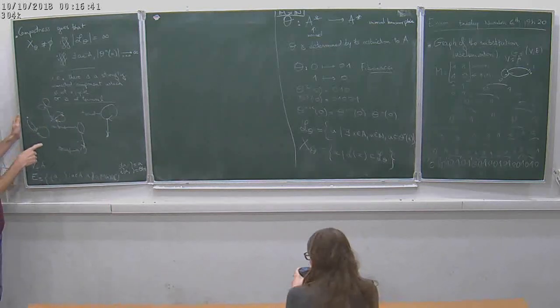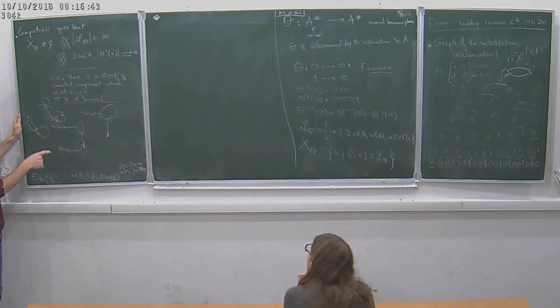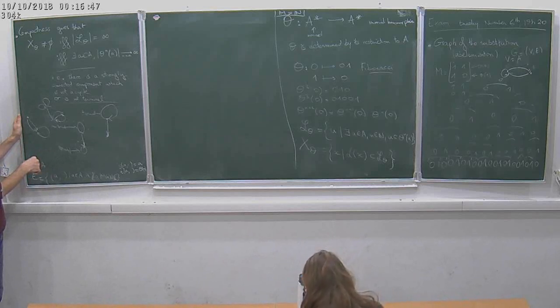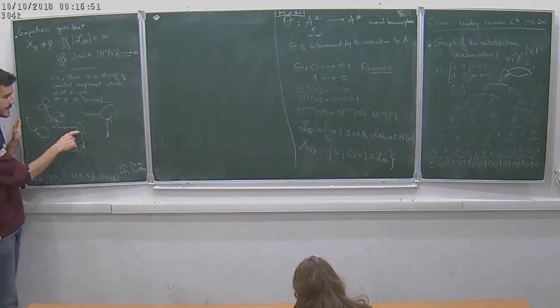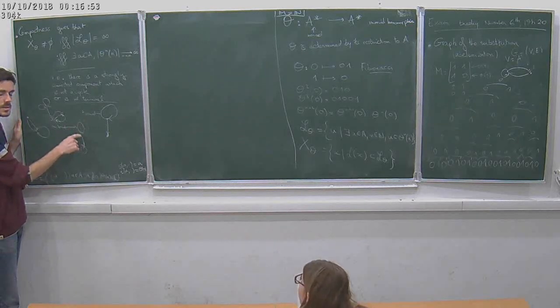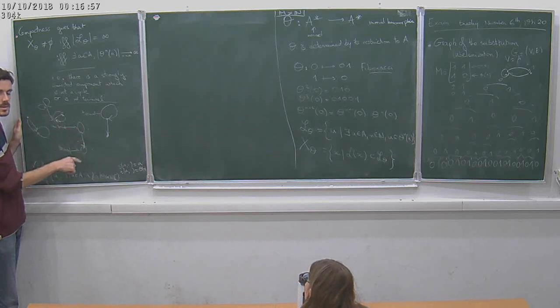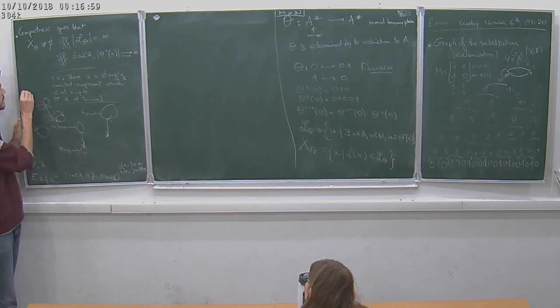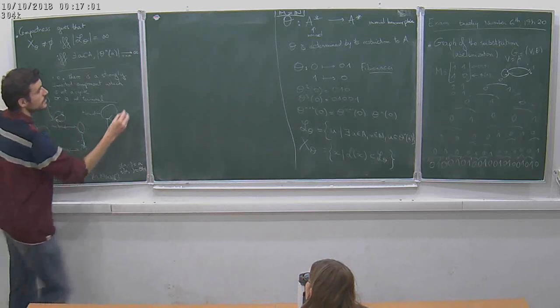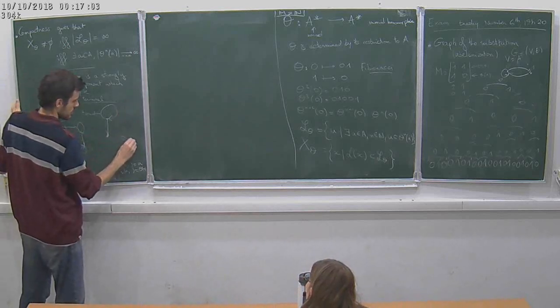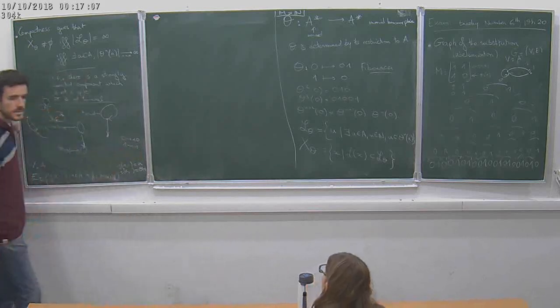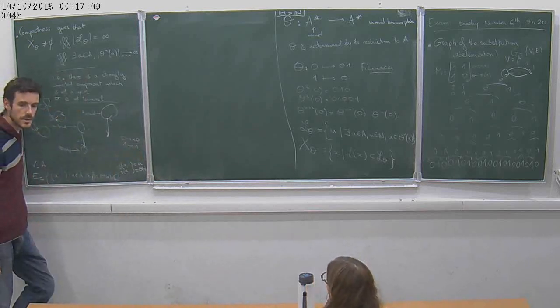Sometimes it's not, because, for example, if I have 0 gives 0, 0 gives 1 0, and 1 gives 1. What will be the subshift, the associated subshift?